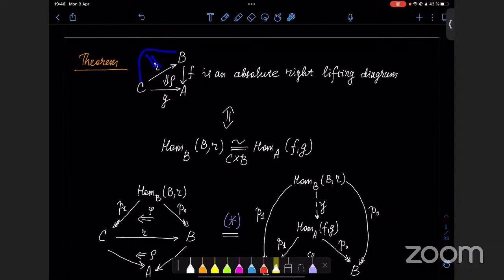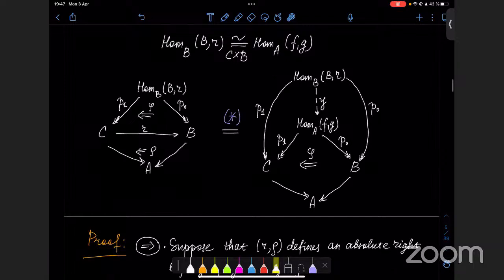You will have some two-cell here and some two-cell here, and the composite will be the original one.